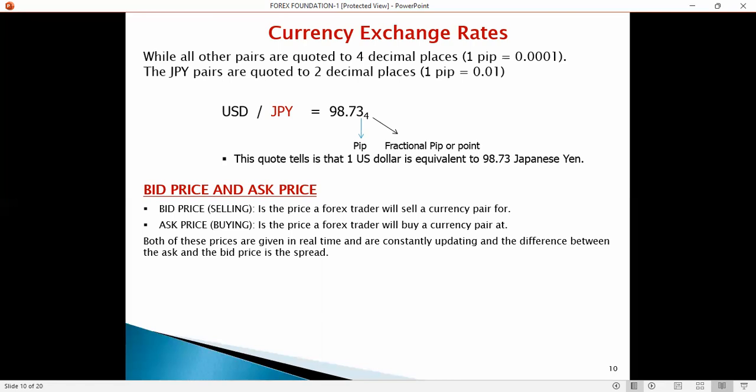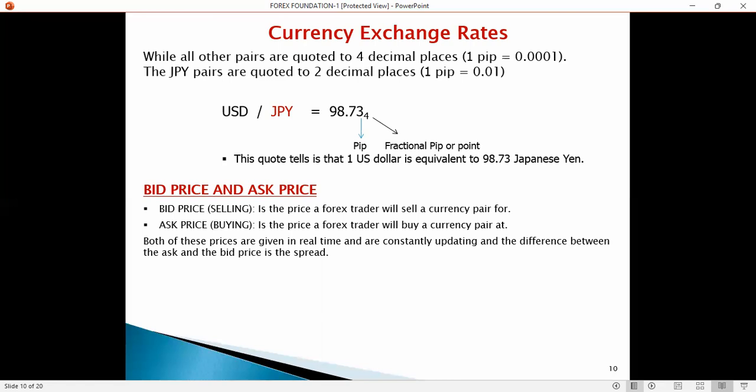Now, on the chart, which is something I'm going to show you tomorrow, we have bid price and ask price. Ask price is the price a forex trader is willing to buy a currency pair for.